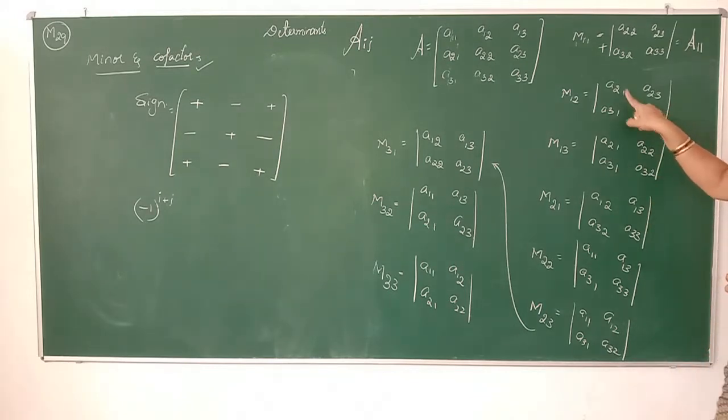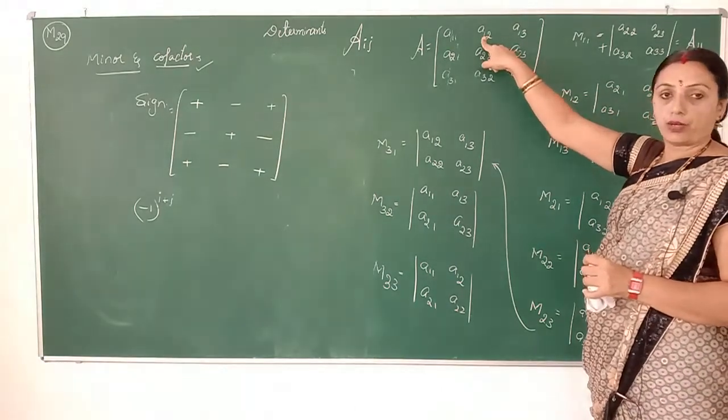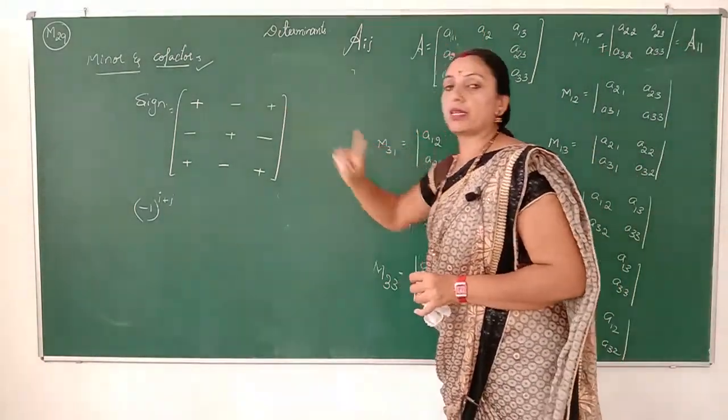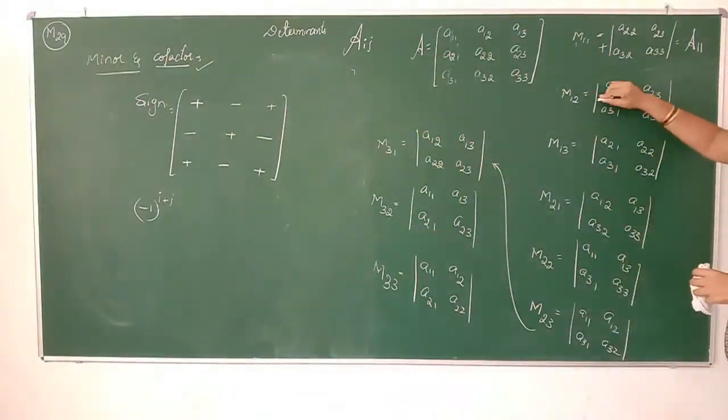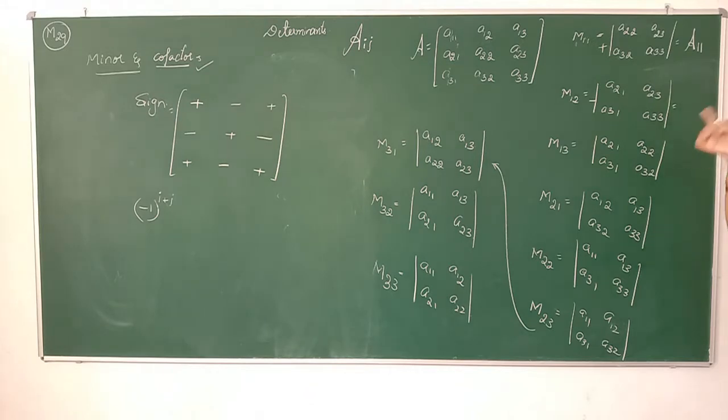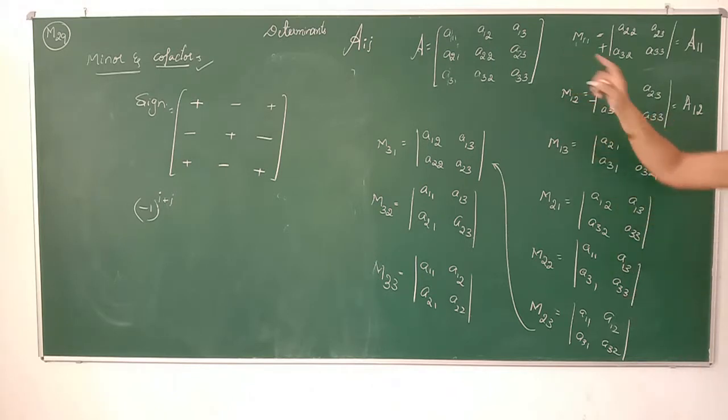For the second element, it is the minor of A12, but the sign of the second element is negative, so minus the 2 cross 2 determinant is called the cofactor of A12, also denoted by a capital letter. The third element is multiplied by positive, denoted by A13.